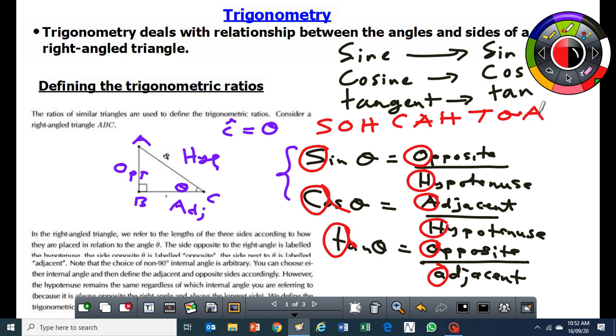It's not the only way of remembering the three trig ratios. There is also Chao Sho Tao. If you start with cos, pay attention: your C is this C, the H is that H, the A is that A. Then you can have sin: the S is this one here, the H is that, the O is that.